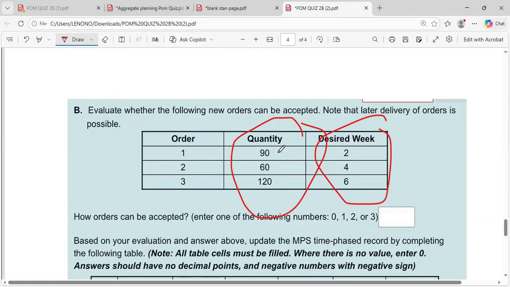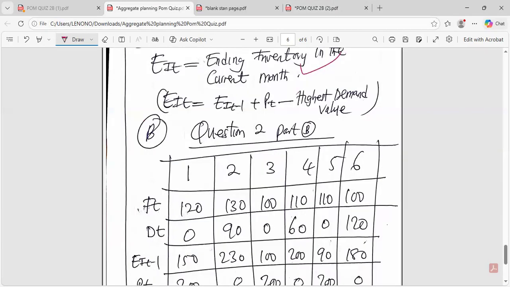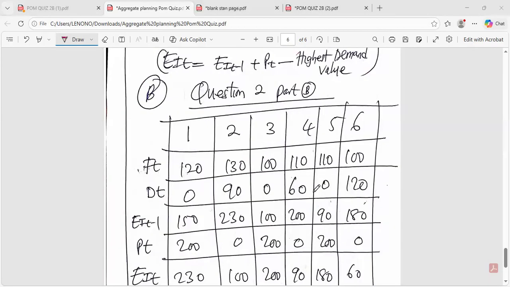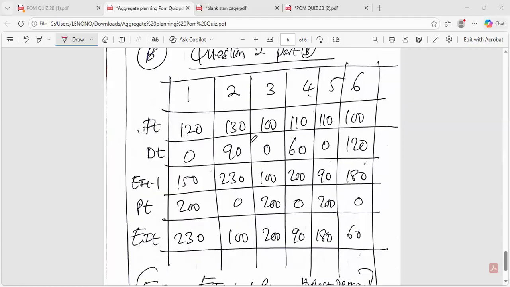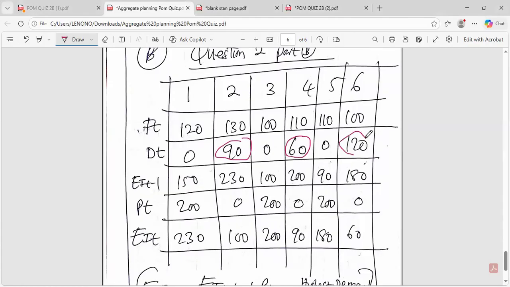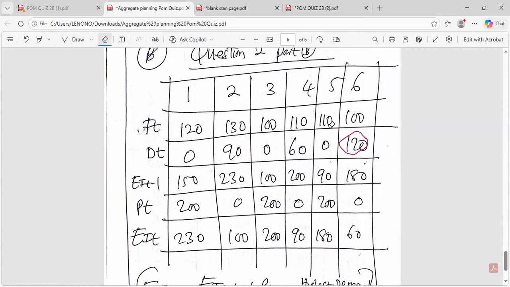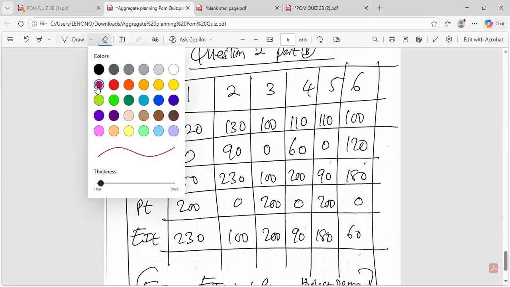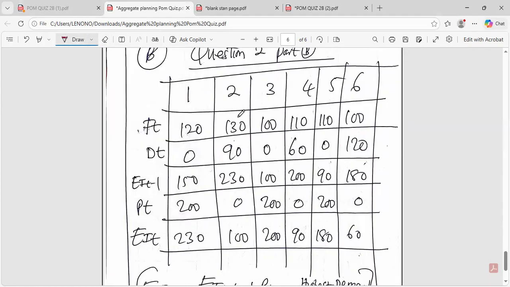As we come here, you can simply identify the 90 is here, the 60 is here, and the 120 is here. For each one of these, you use the largest value and subtract.